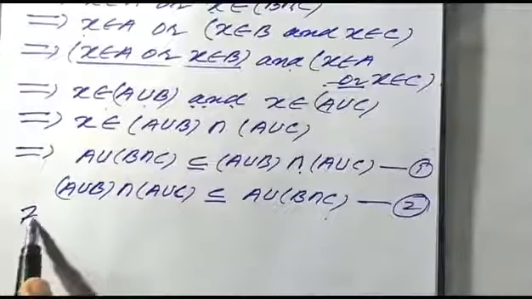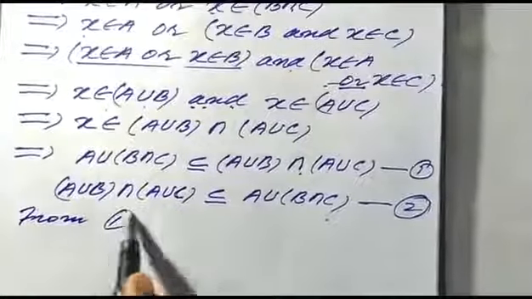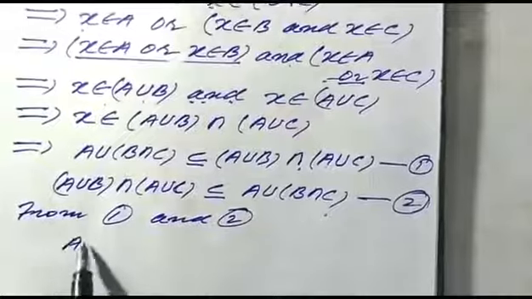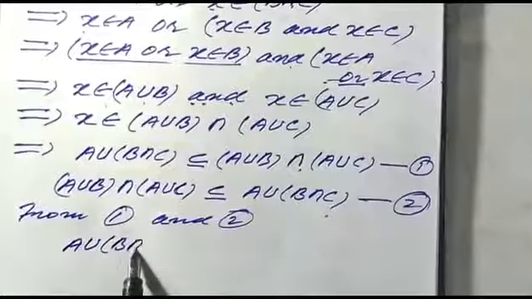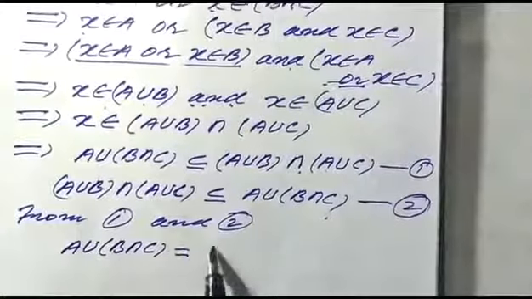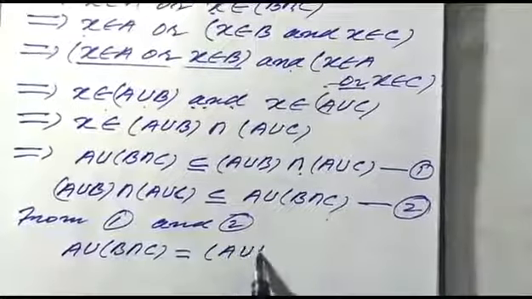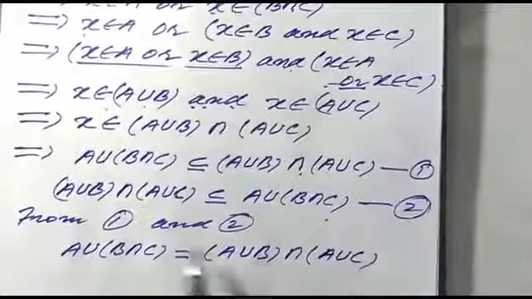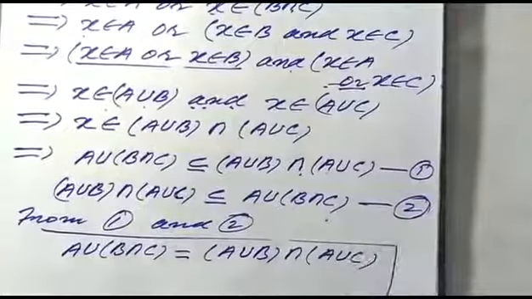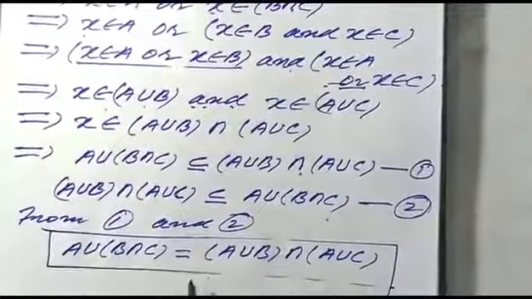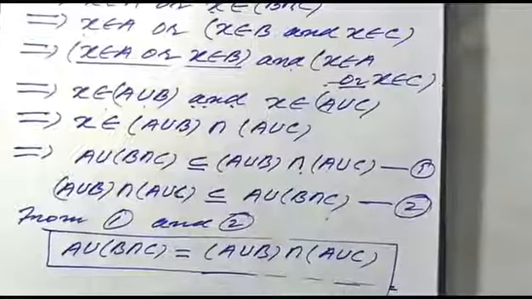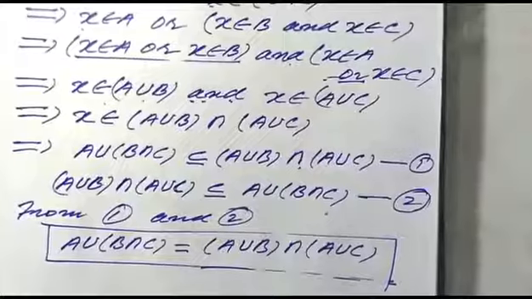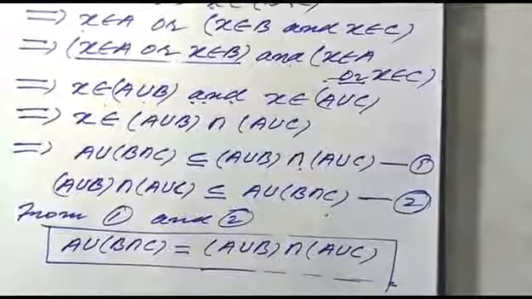So from 1 and 2, you may write A union (B intersection C) is equal to (A union B) intersection (A union C). That's proved. So we have proved the first distributive law in this way, and now you should try the second distributive law yourself.